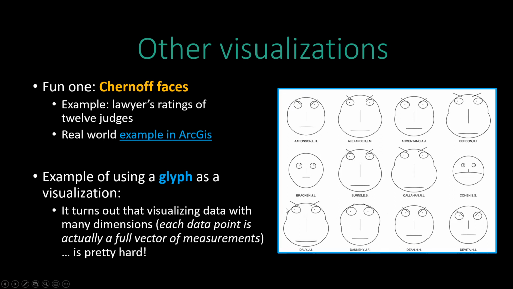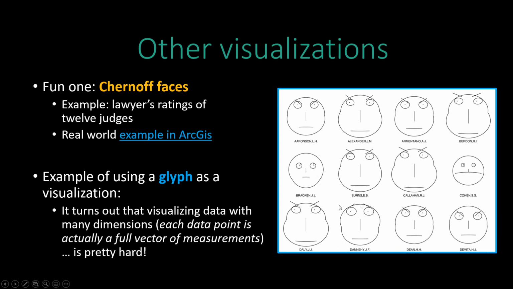I don't know what this meant exactly, but maybe the parameter which influences the position of the eyebrows was how angry they are. And then there is another parameter of how satisfied the people who were working with them were, and that could be plotted into this thing. I don't know exactly what they used in this case, but it's a way to represent a lot of complex data.